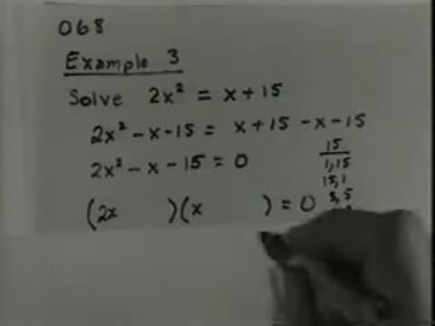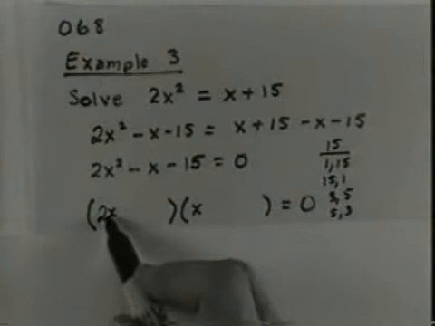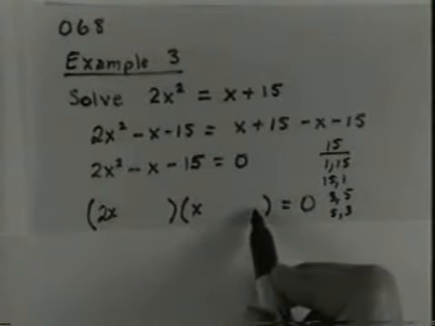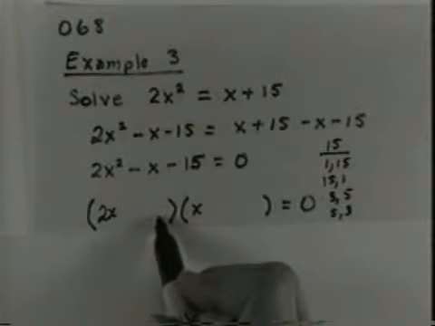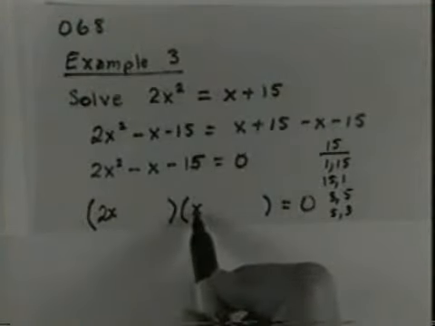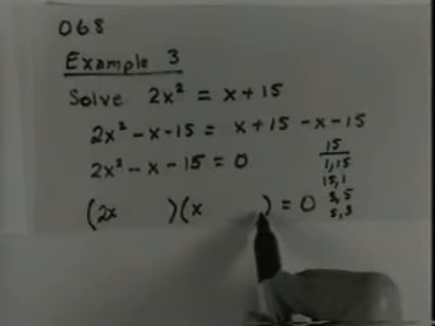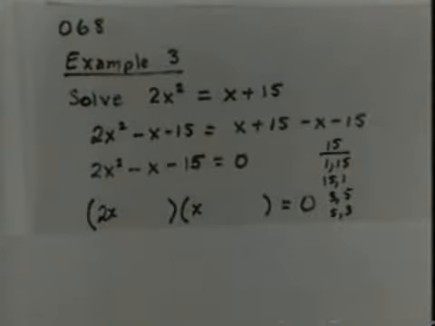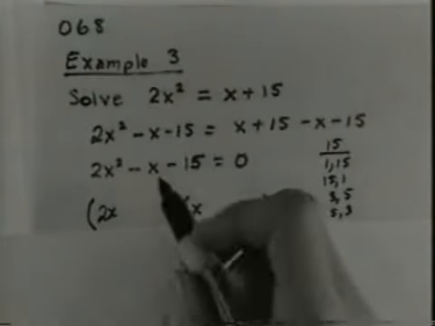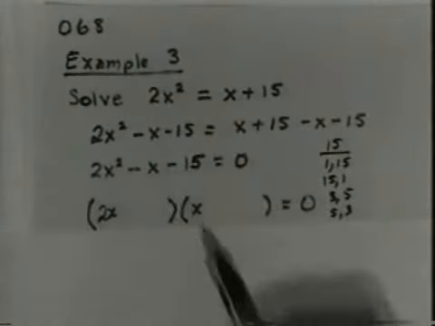Now, whatever we choose, we must multiply 2x times the last term in the second set of parentheses, and the second term in the first set of parentheses times x, so that our outer product and inner product will give us the opposite of x in the middle.